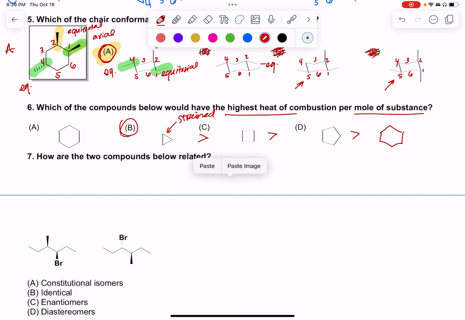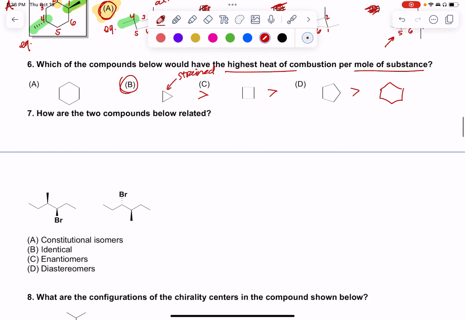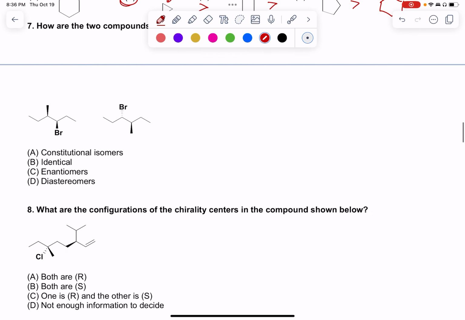Okay. How are the 2 compounds below related? All right, well, let's number our chain because that way we can look at it and compare it properly. So I'm going to start from this side because the bromine would typically get the higher priority than a methyl.